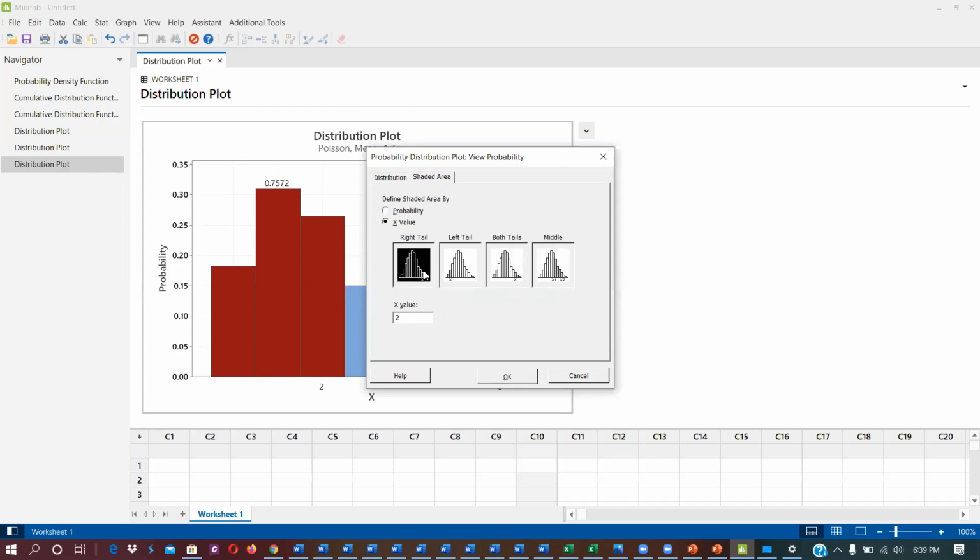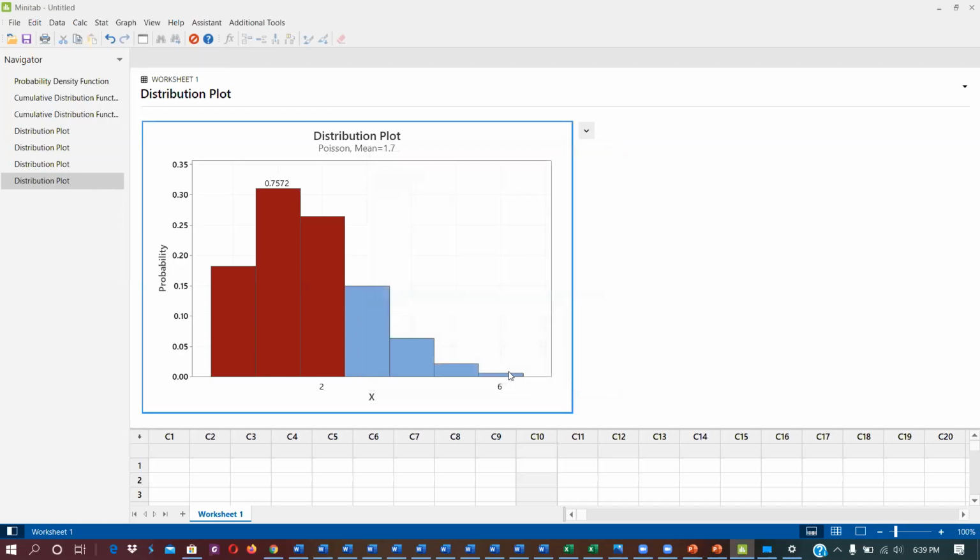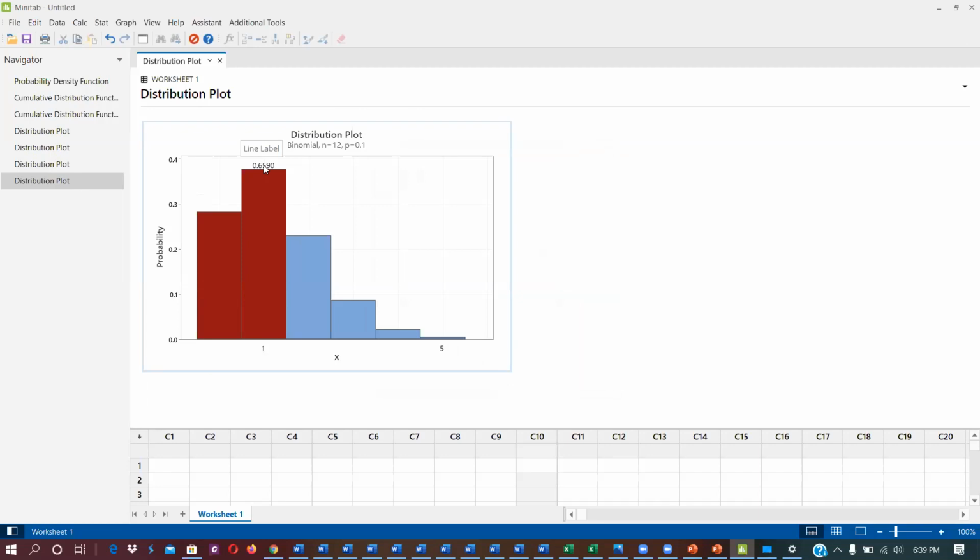So we need, let's say, up to 1. Here it is coming from 0, n equal to 12, p equal to 10%, up to 1, it is coming 65%, and the remaining is this much.